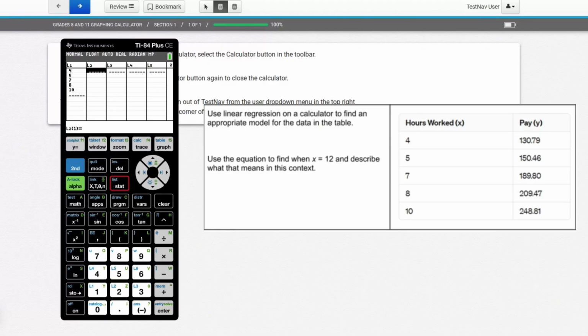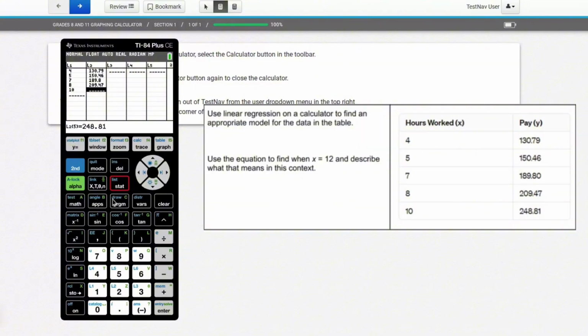And then we get, let's make sure we don't screw this up, 130.79, 150.46, 189.80, 209.47, 248.81.